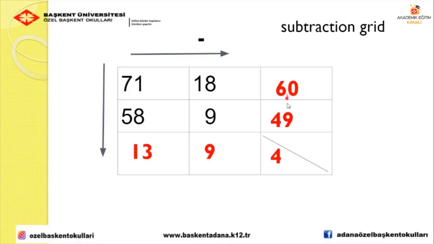And 60 take away 49 equals 11. You are right. Now, let's solve this last subtraction. 11 take away 4 equals 7. 7 is our last number and our last answer in this subtraction grid.